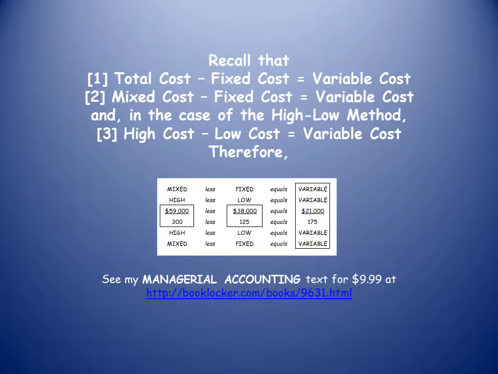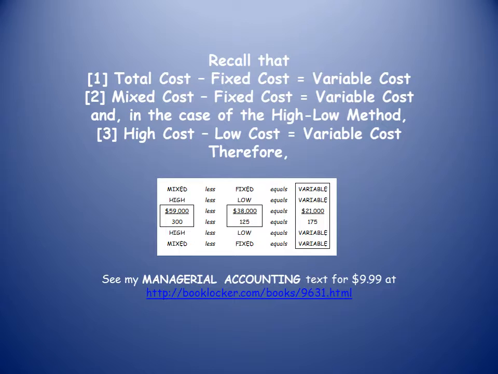So here's my example where I take the data for the high period, $59,000 of total or mixed costs divided by 300 units, and I take the low, $38,000 of total or mixed costs divided by the units, and I arrive at a cost equation. Let's see, the 59,000 less the 38,000 equals the 21,000.